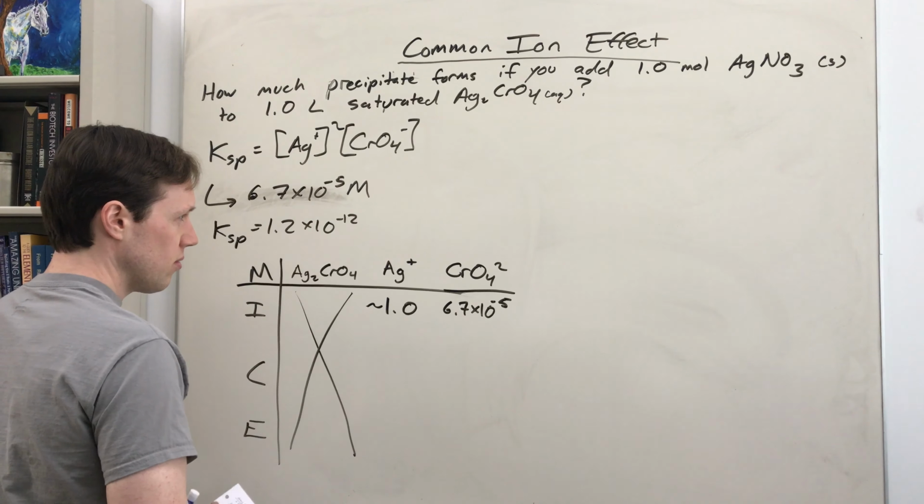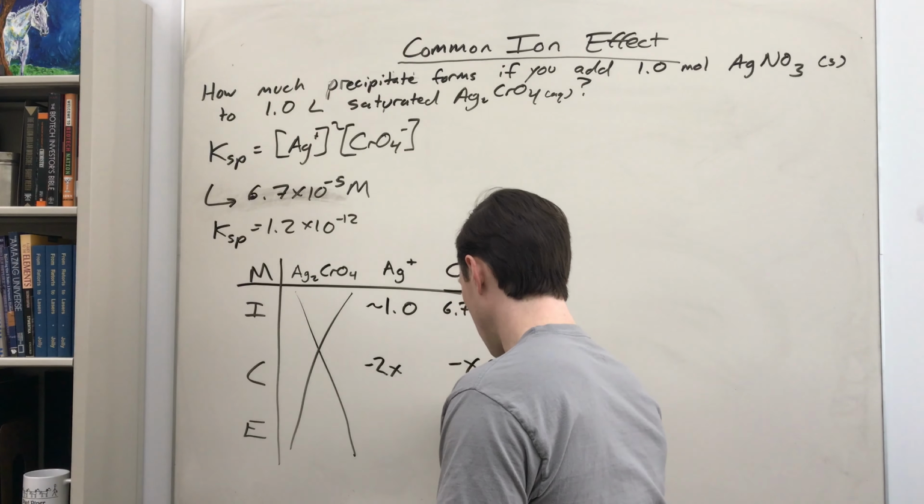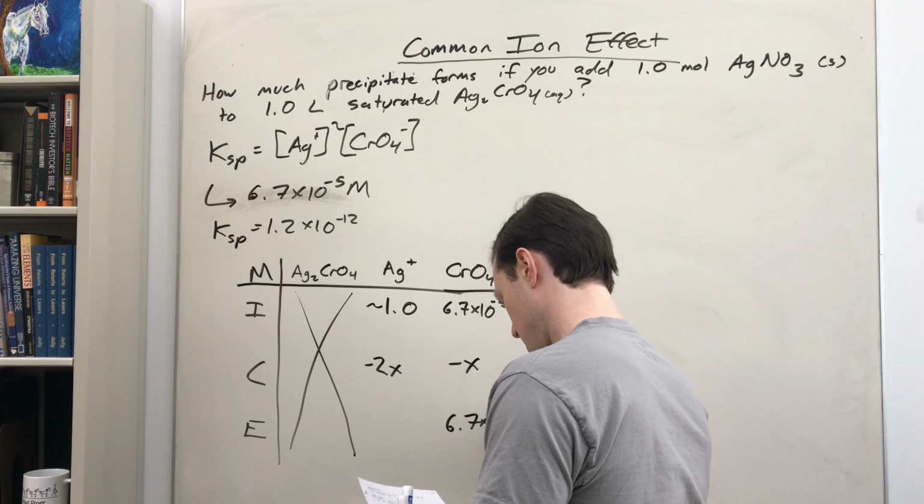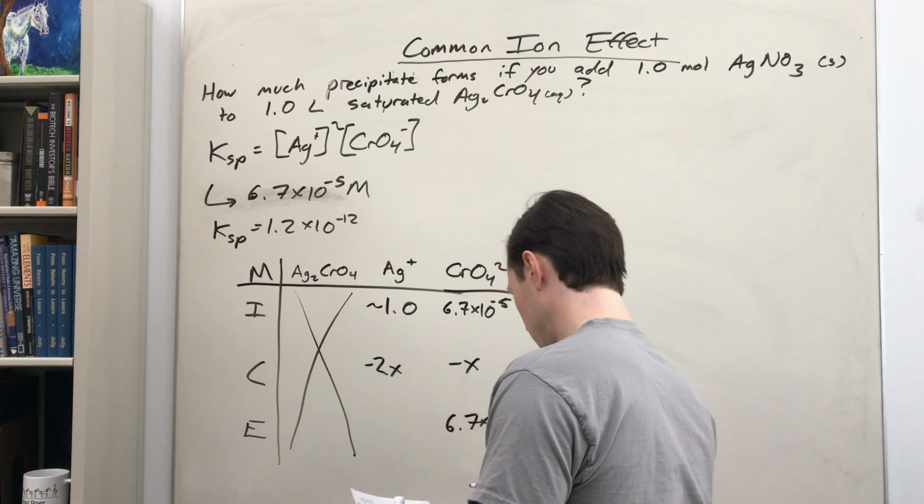We're stuck together with the same stoichiometry that we had in the previous problem. That means our numbers here are going to be 6.7 times 10 to the negative 5 minus x, and 1 minus 2x.